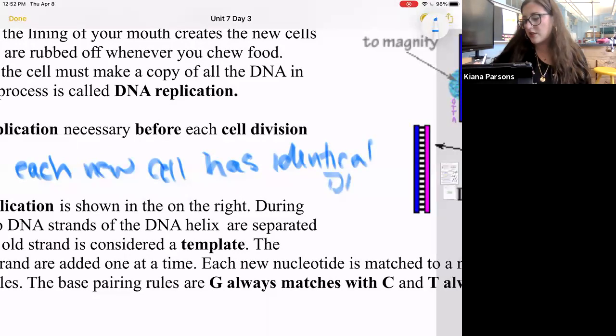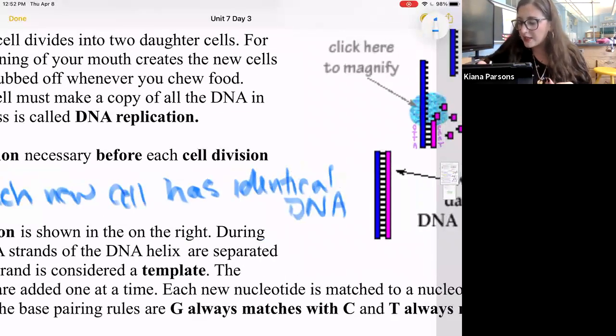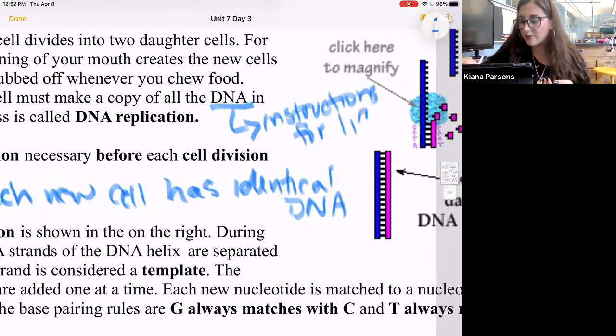The daughter cells that are made by mitosis are always going to be identical. If all the DNA doesn't copy, then mitosis won't be able to happen because the cell needs the instructions for life. Remember, DNA is the instructions for life. So if you don't have the instructions, how are you going to live?